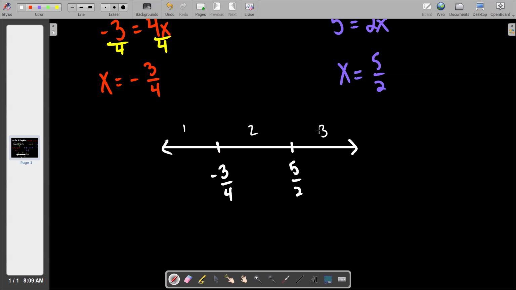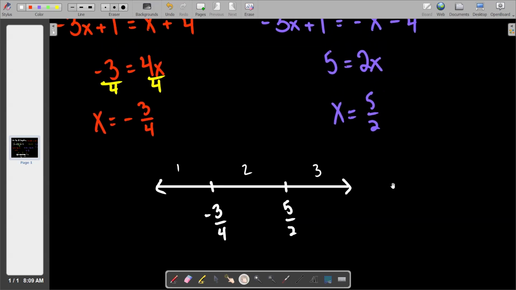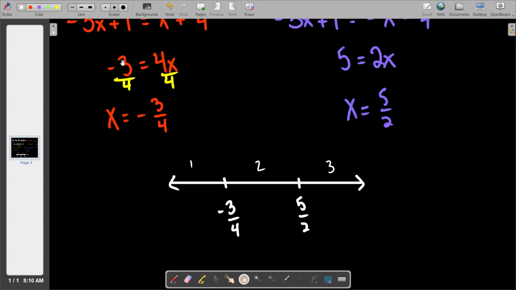Can I have a number in region 1? -1's perfect. -1's a little more negative than -3/4, and it's a pretty friendly number, but it's obviously to the left of -3/4. You can put your boundaries on if you want to right now. If you wanted to put your boundary circles on, you're welcome to do that as we go.